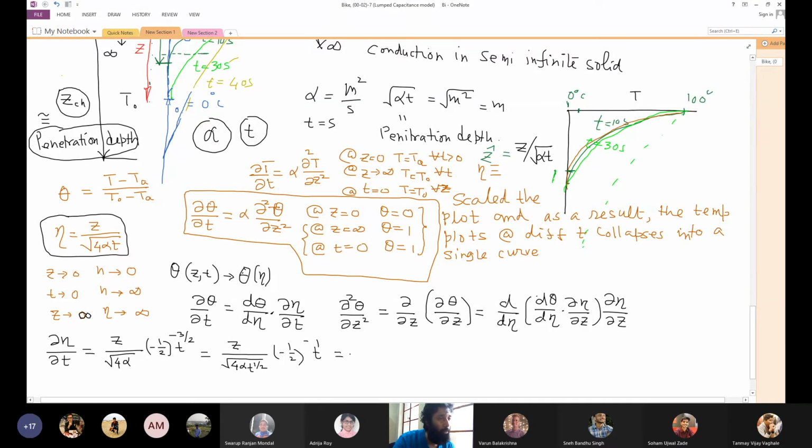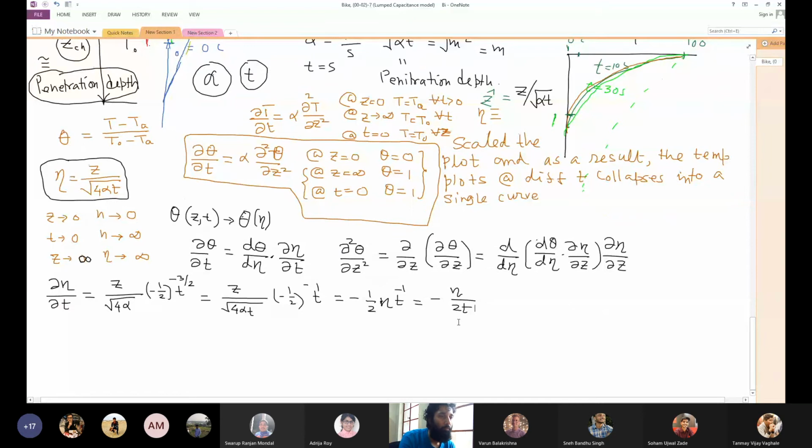So this becomes minus half, this is eta, and t to the power minus 1, equals minus eta by twice t. So that is del eta del t.